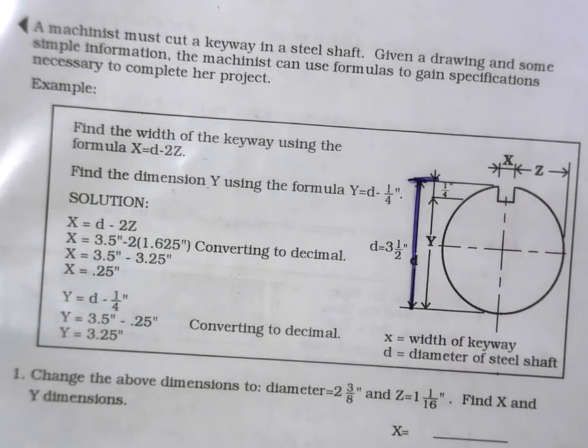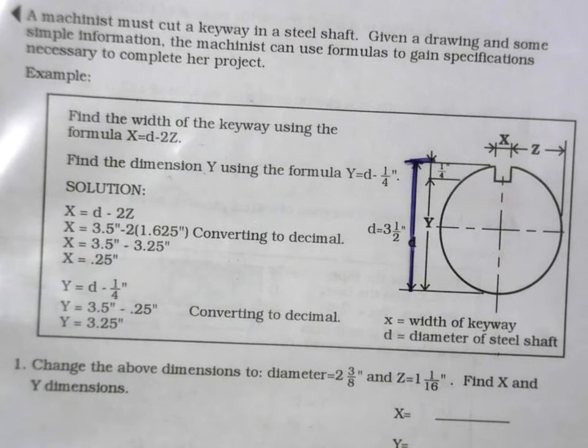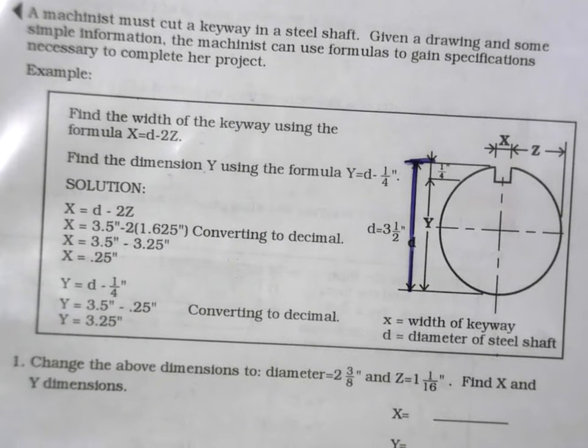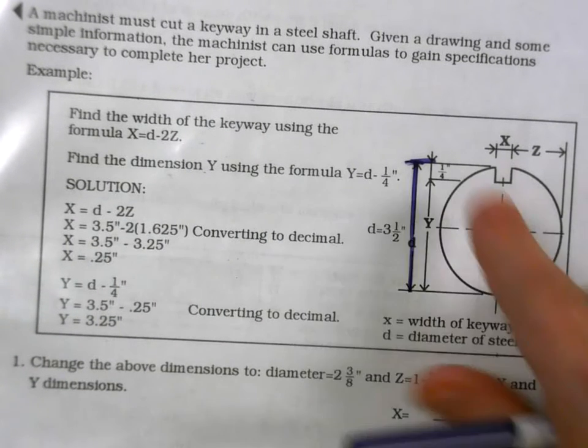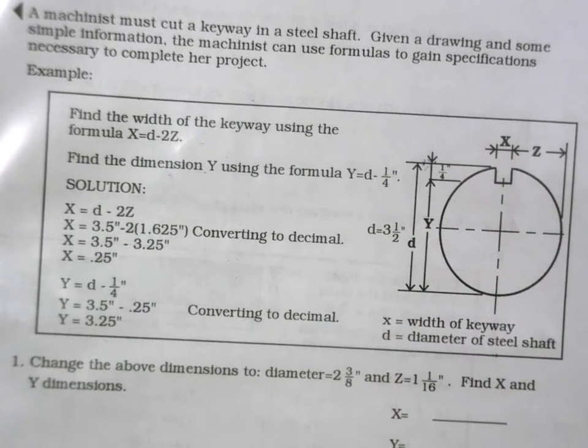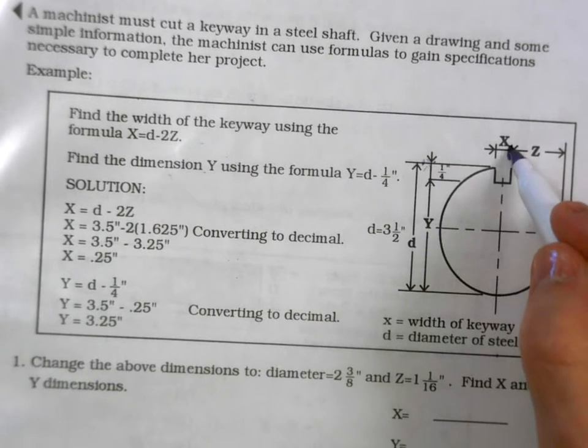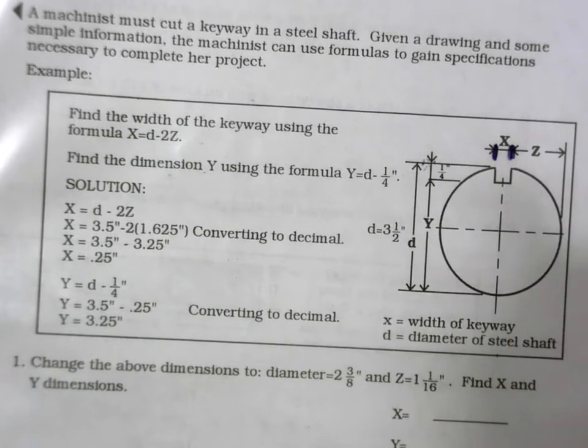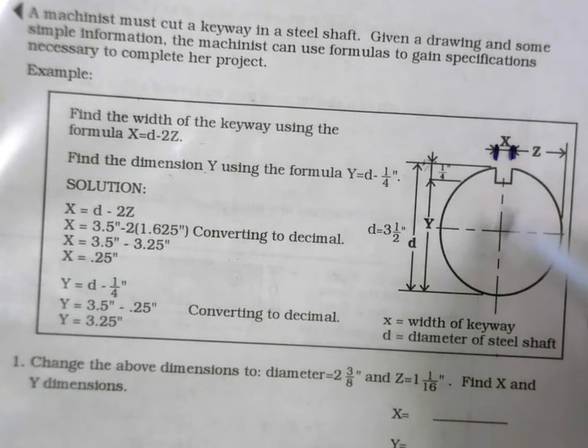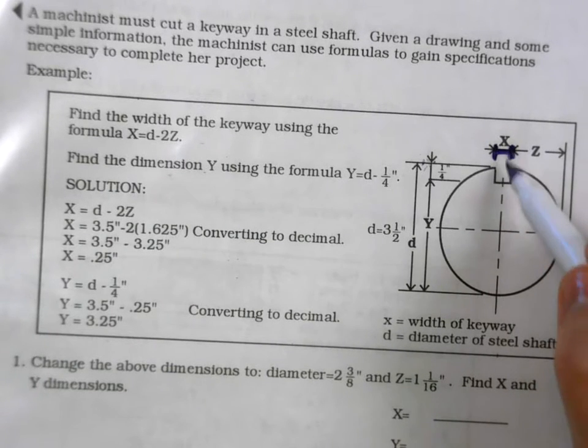That's our x that it's looking for. Does z equal the radius? The z, no, is actually from the side. The d, sorry, is the diameter. The x is this little bitty notch right here.